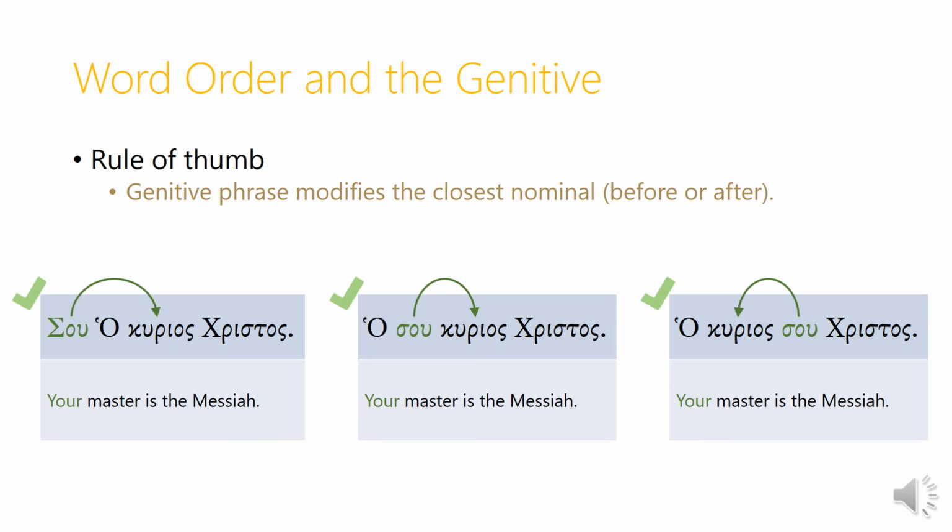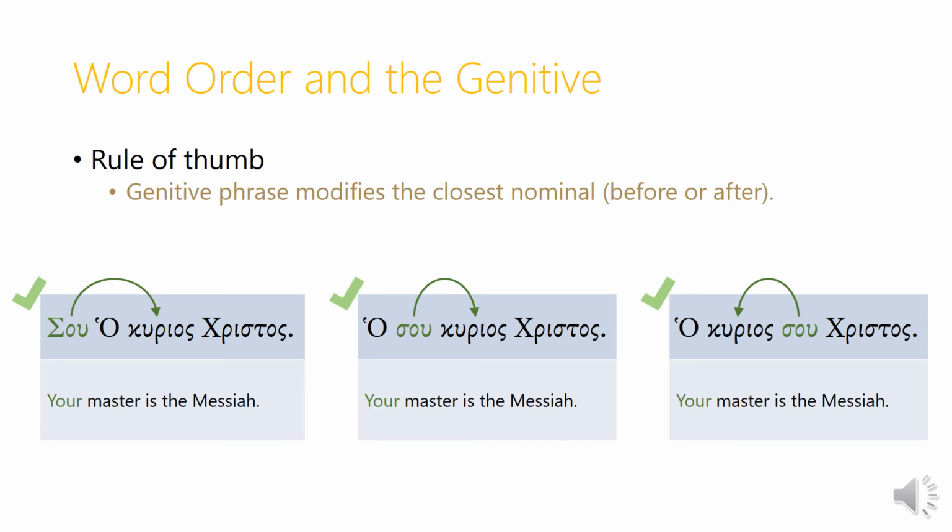So it's ambiguous, but we still see that kind of ambiguity quite a bit in Greek. The important thing is to be thinking about how clear your placement of the genitive is. And when you're reading Greek literature, when you're reading the New Testament, you'll find that by and large, this rule of thumb works, but that there are some cases in which you have to search around to find a lead nominal for a genitive phrase that makes sense.